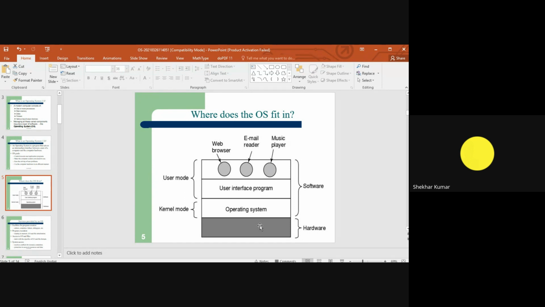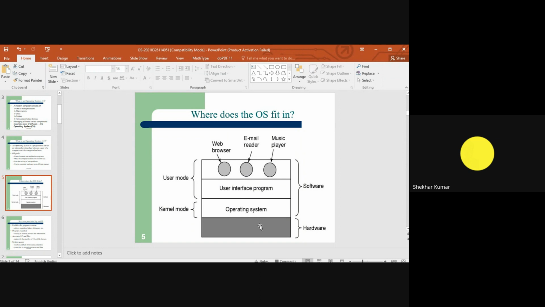Soft real-time operating systems are those types of operating systems in which there is a flexibility of time. Not too much flexibility, but some. For example, in your banking system, suppose you want to transfer your money to another bank account.